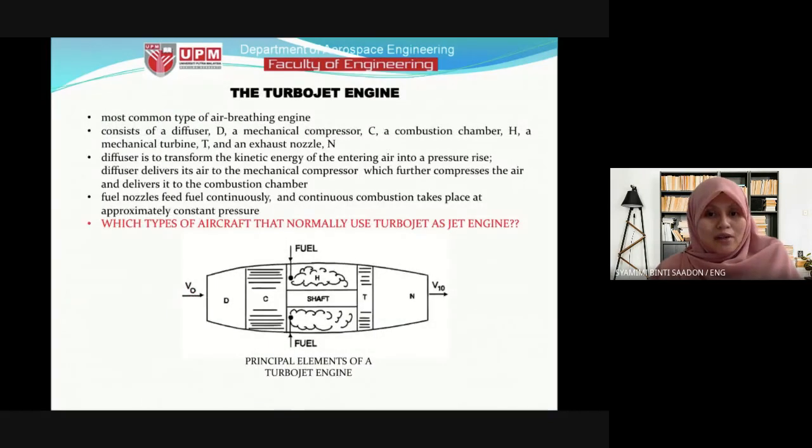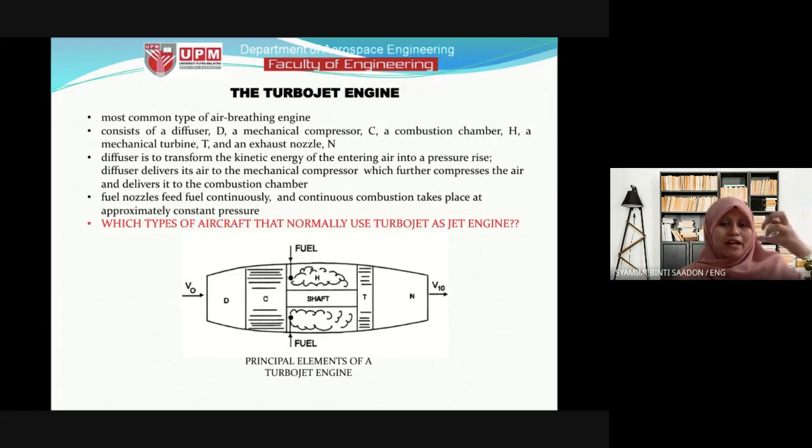Next we have the turbojet engine. This is the most common type of air breathing engine. We have a diffuser, compressor, combustion chamber, a turbine, and a nozzle. The fuel in the middle will be introduced in the combustion chamber. The diffuser transforms the kinetic energy into pressure.